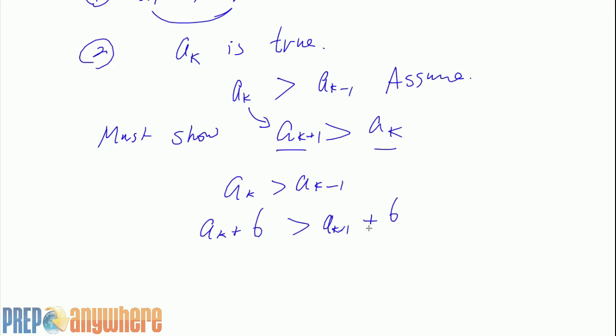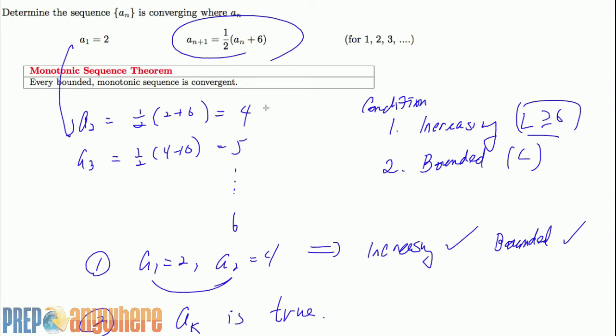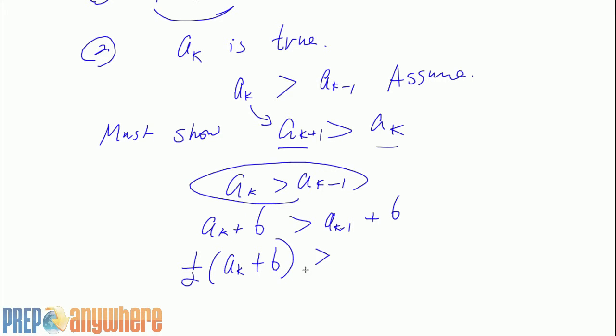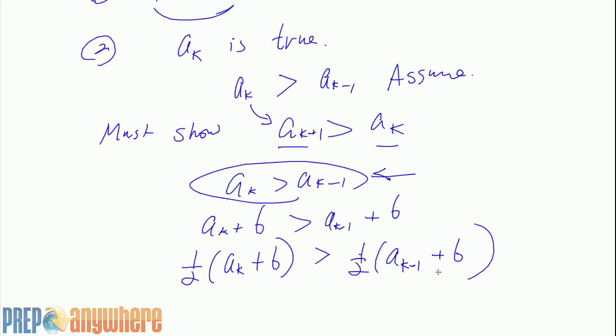And then what's after that? Multiply both sides by half, right? You're allowed to do that with the inequality. What I'm doing here is just algebra. I'm just taking this assumption and manipulating it. Since we are assuming this is true, every line must be true right now.